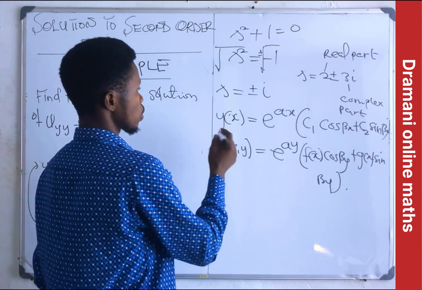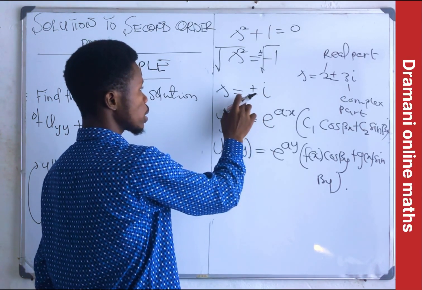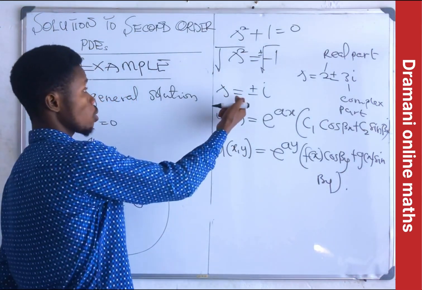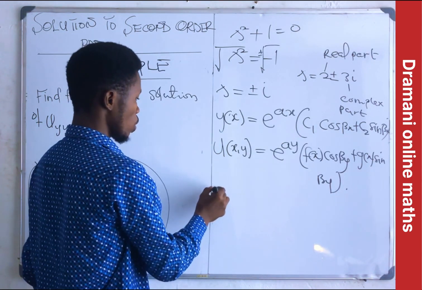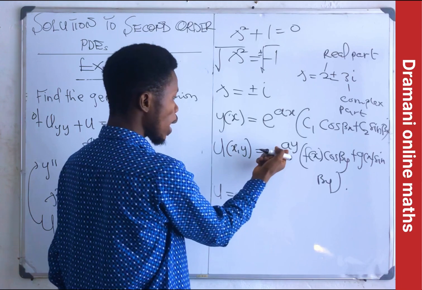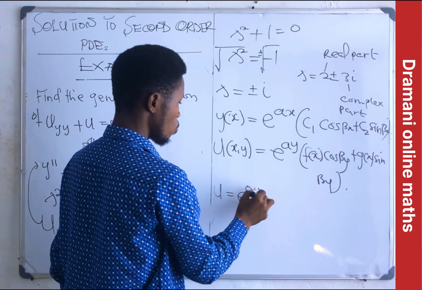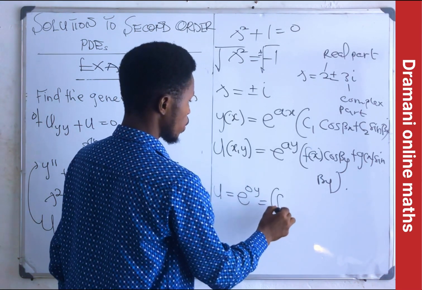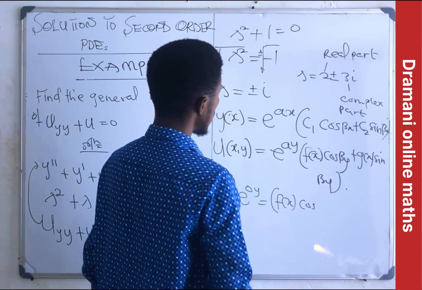Now, look, here you can see only the complex part. You cannot see the real part. What it means is that the real part is 0, so it's like 0 plus or minus i. So the 0 there is the alpha. So what I'm going to have here is e to the power alpha, and now the alpha is 0, so e to the power 0 y equals bracket open f of x, cos.